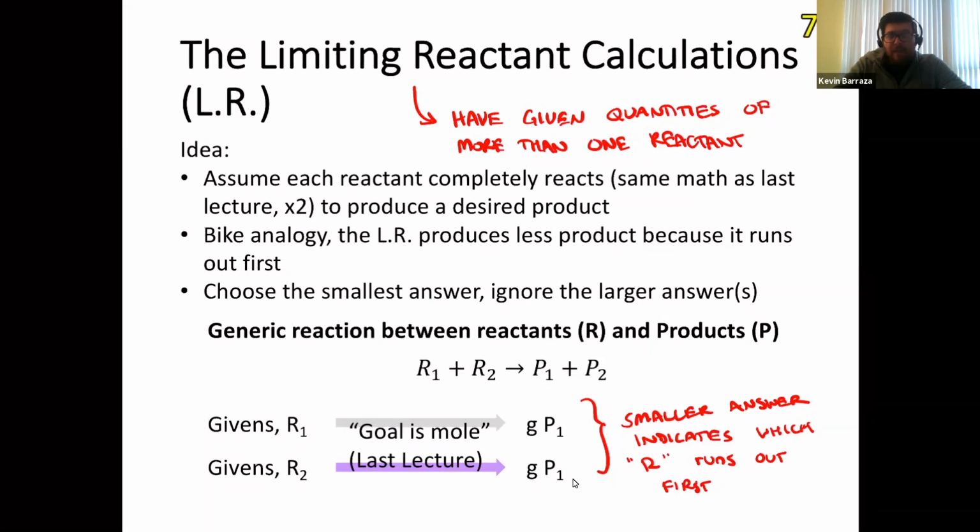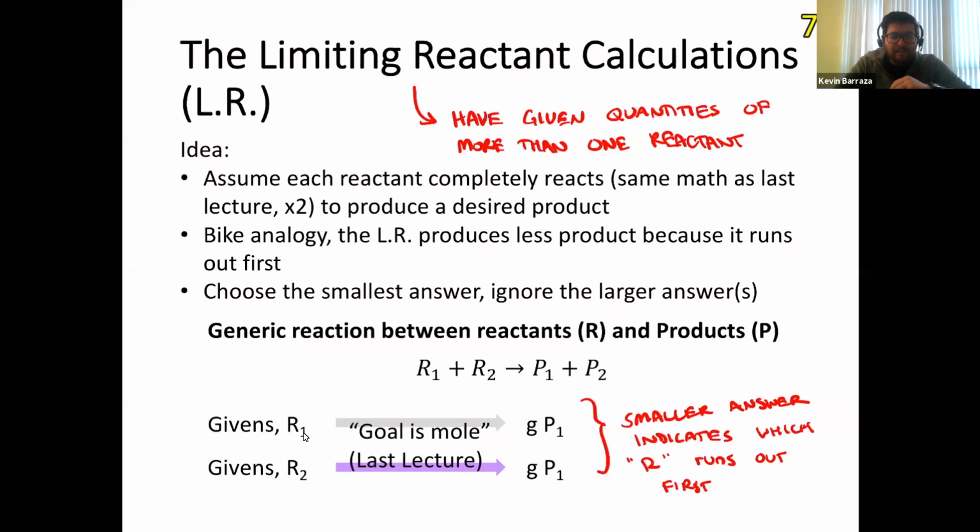Then by calculating for the same product, I can just go by which is bigger and which is smaller. Our smaller answer is the actual amount we expect to make, also known as our theoretical yield, because it means that we'll make a small amount and then run out of that reactant.